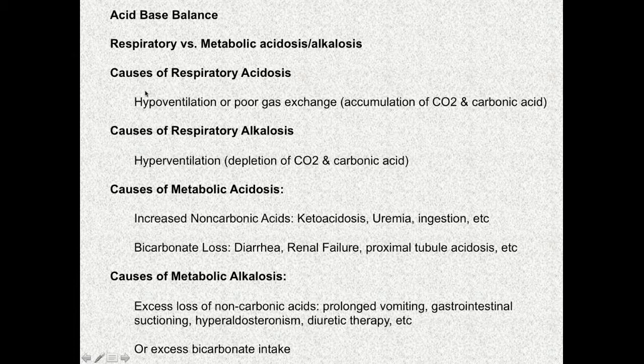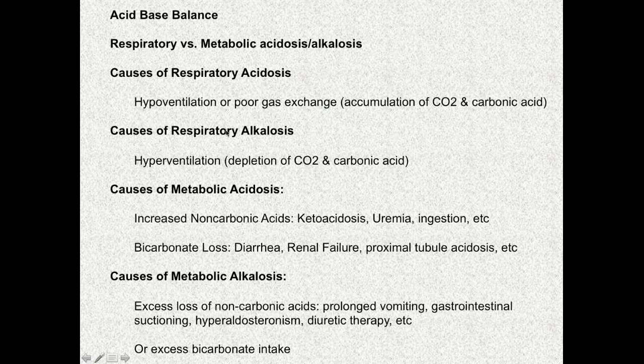That can be hypoventilation, so you're not breathing fast enough and you're not blowing off that CO2, or you have poor gas exchange, so CO2 isn't able to leave the blood into the lungs. So hypoventilation or poor gas exchange causes an accumulation of CO2 which leads to an overproduction of carbonic acid and a state of respiratory acidosis.